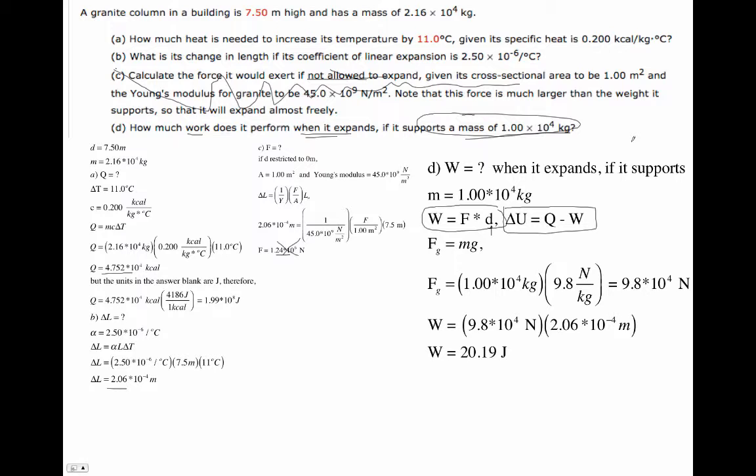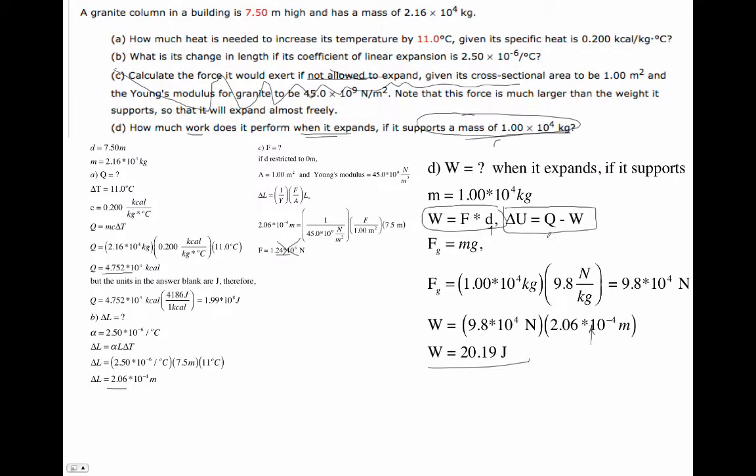So we've got its mass times little g, and we find the force it would be pushing up with in order to support that mass. That's the distance, and we get the work done. Not a lot, only 20 joules, but still, there is work done, and that is the correct answer.